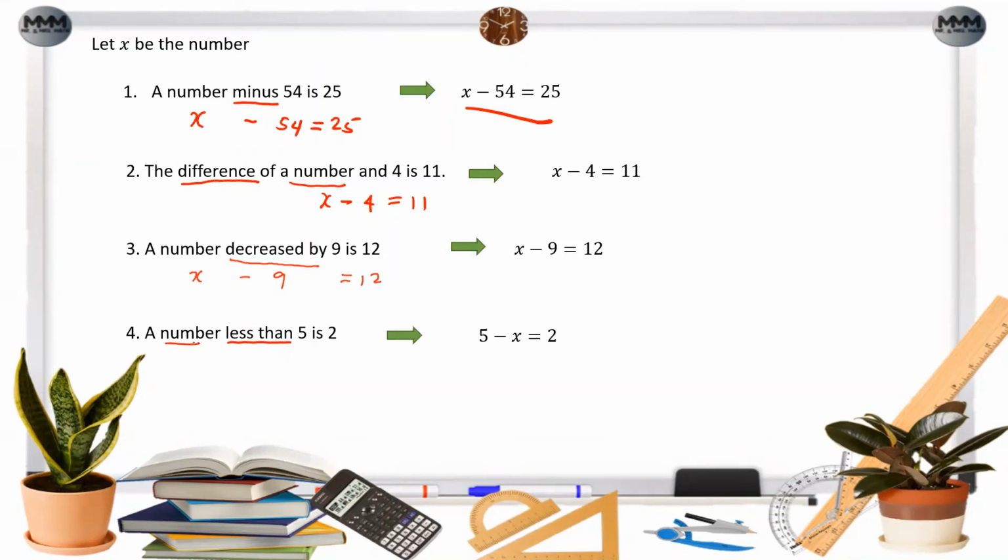Before is a number x, and after is 5. So we will interchange the two. It becomes 5 minus x is equal to 2.